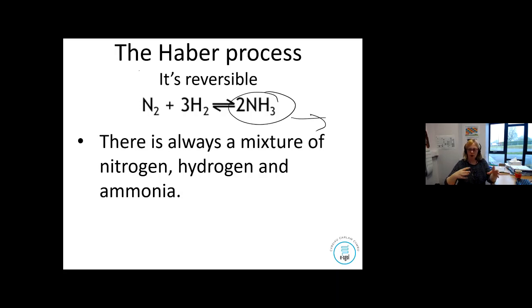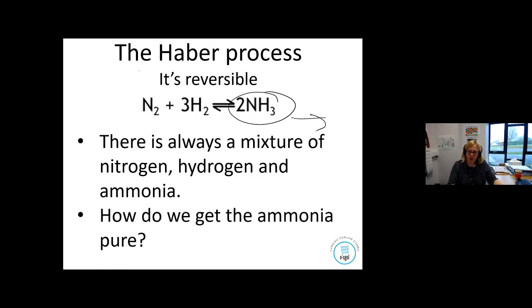So if you are hot, it's about trying to cool yourself down. If you're pressurized, it's about trying to reduce the pressure. In this case, if you're trying to make ammonia and you remove it, it'll try and make more. So it's always about trying to get back to the status quo, okay? So how do we get ammonia to be pure?